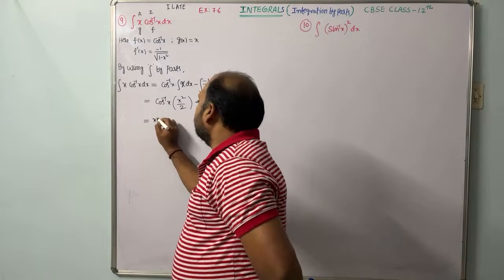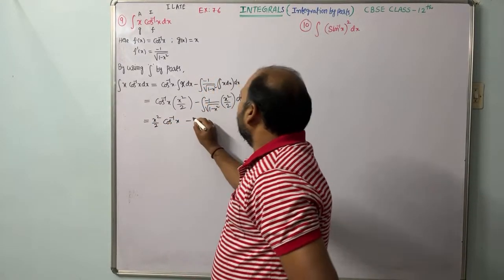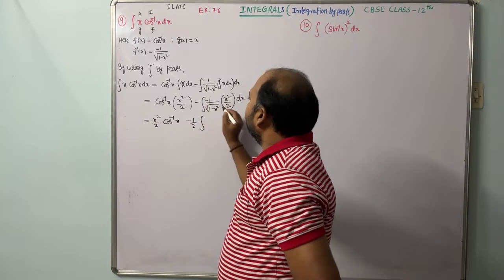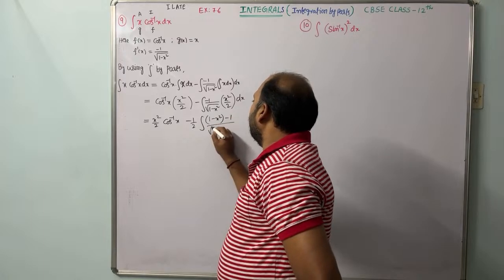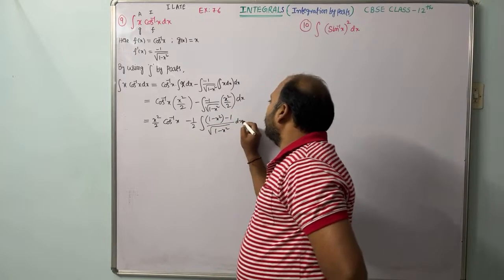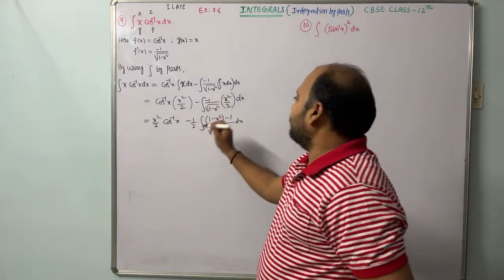So now it will become x square by 2 into cos inverse x minus 1 by 2 integral of x square, adding and subtracting 1, plus 1 and minus 1, divided by root of 1 minus x square into dx. This is minus x square, dear students, so we are adding and subtracting.